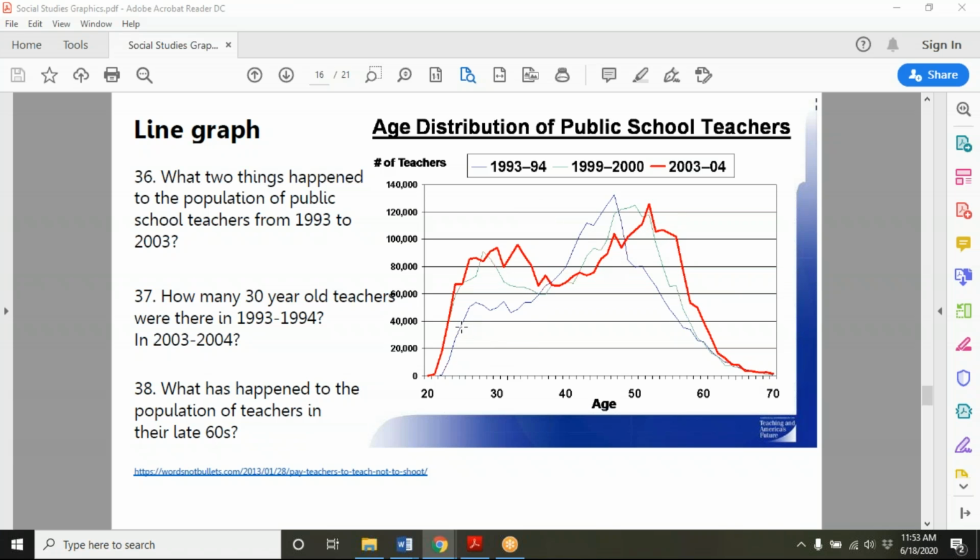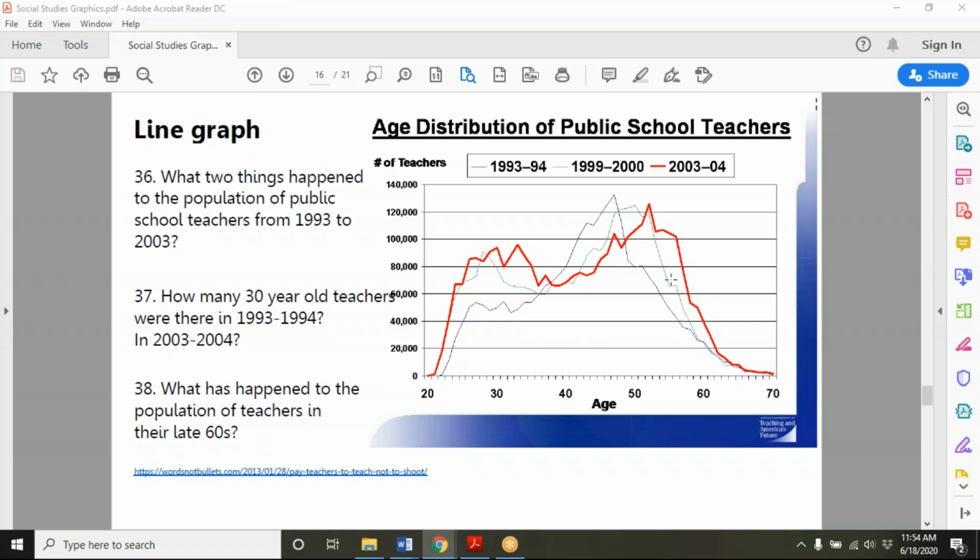But also, look at this group from 20 to 35. Blue zooms up, obviously, because that's when people are graduating college. There's not going to be very many 21-year-old teachers because you generally graduate college at 22. So at 22 it zooms up, then the late 20s, then 30, and it slowly climbs from there. But in 2003, the line shoots up and then stays higher in the red than it was in the blue.